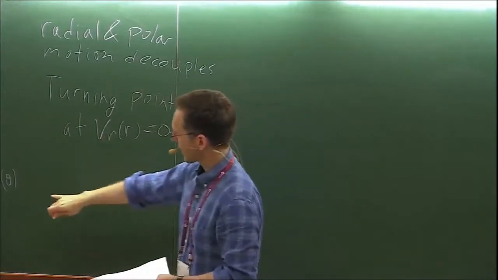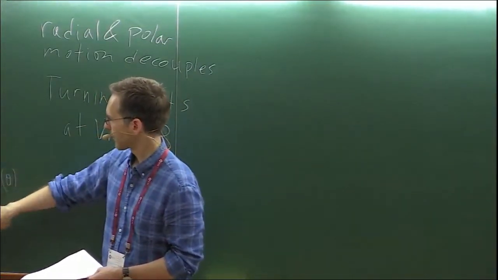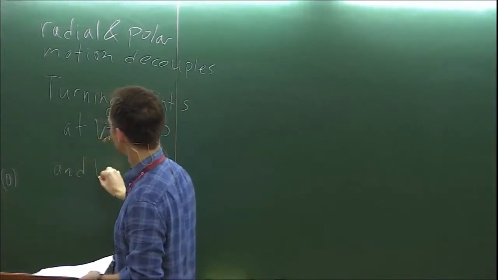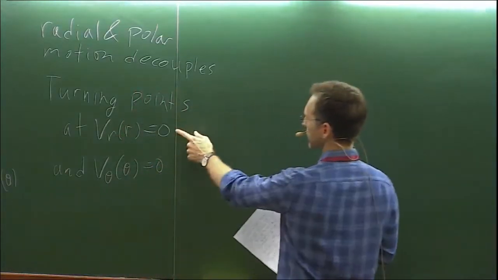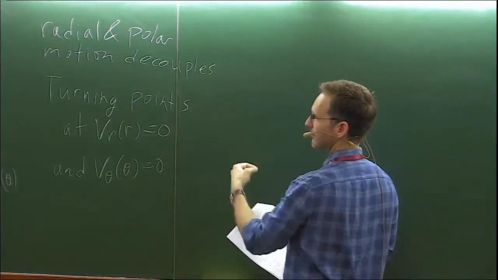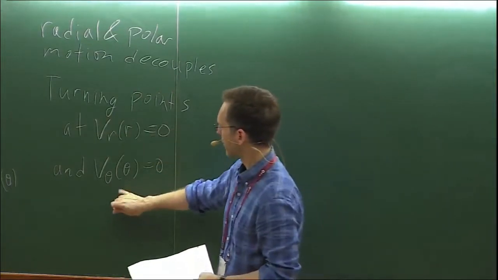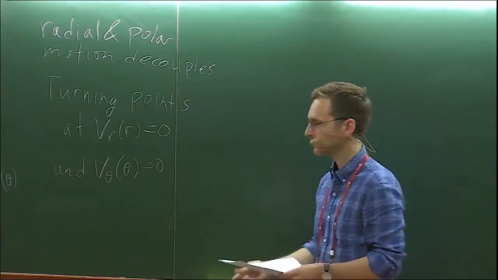But now we also have the same thing for theta. We're going to have a turning point wherever V_theta of theta is 0. The first corresponds to turning around after reaching a maximum or minimum radius. This corresponds to turning around when you reach a maximum or minimum polar height.